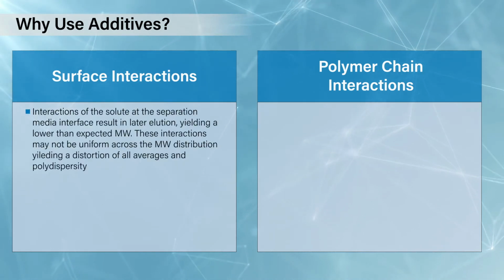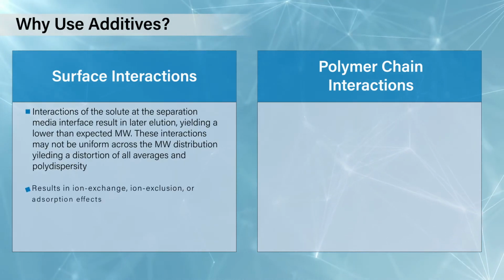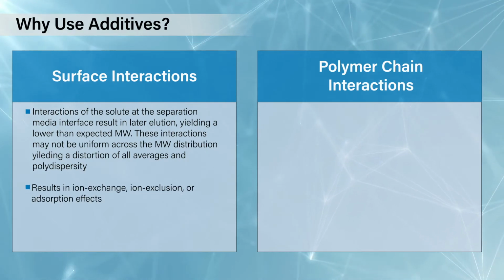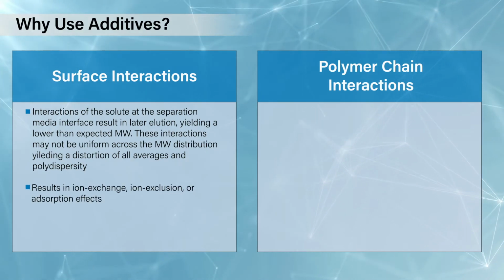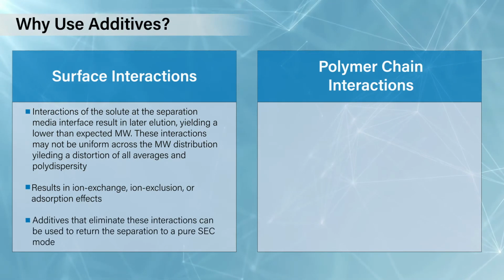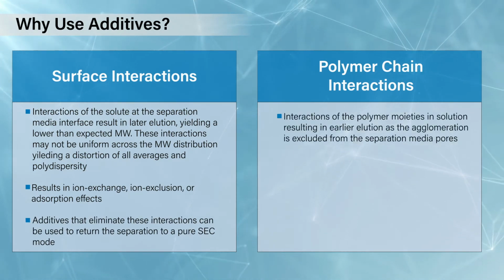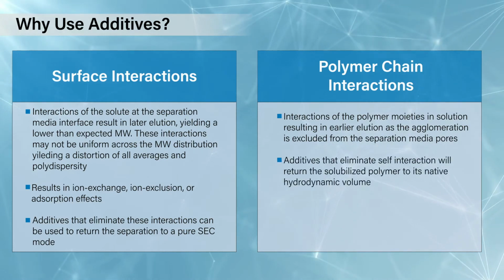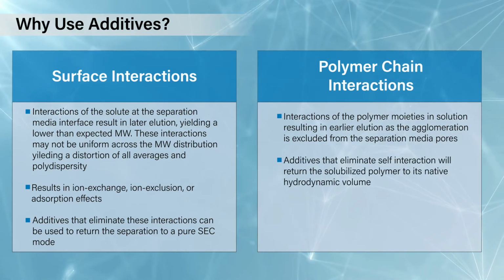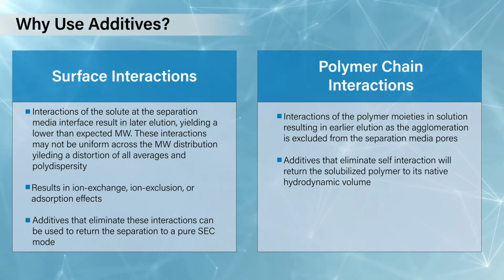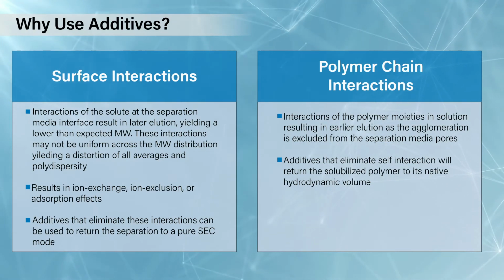So moving on to additives, why do you want to use them? Two primary reasons. One is the surface interactions. With the APC column technology, they're not as inert as traditional polymeric beds. So you may find you need to use additives and modifiers on a lot of your systems. And all you're trying to do is prevent interactions between your analyte and the column bed itself.